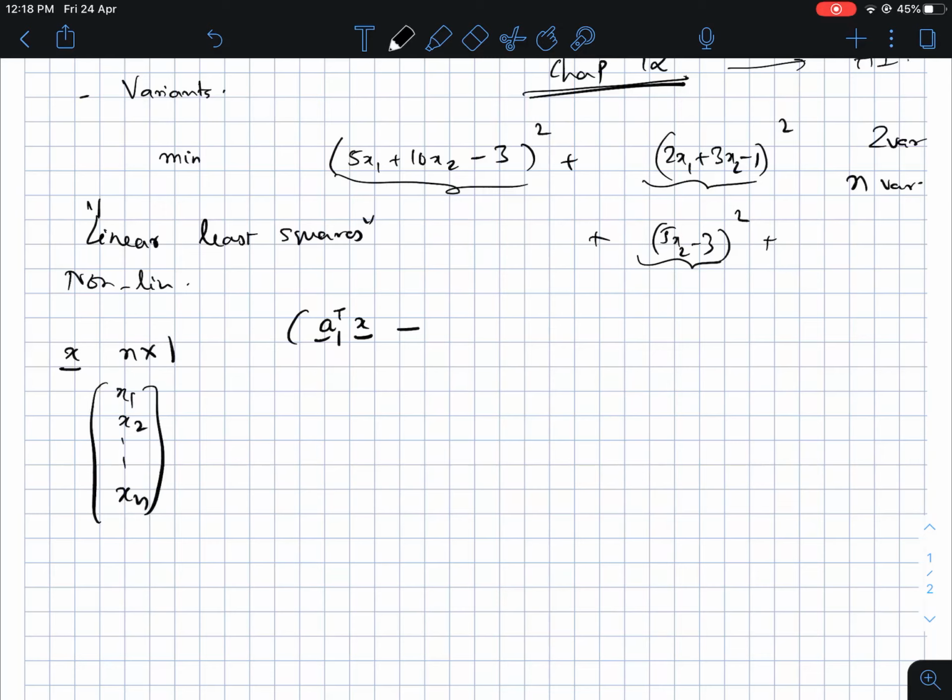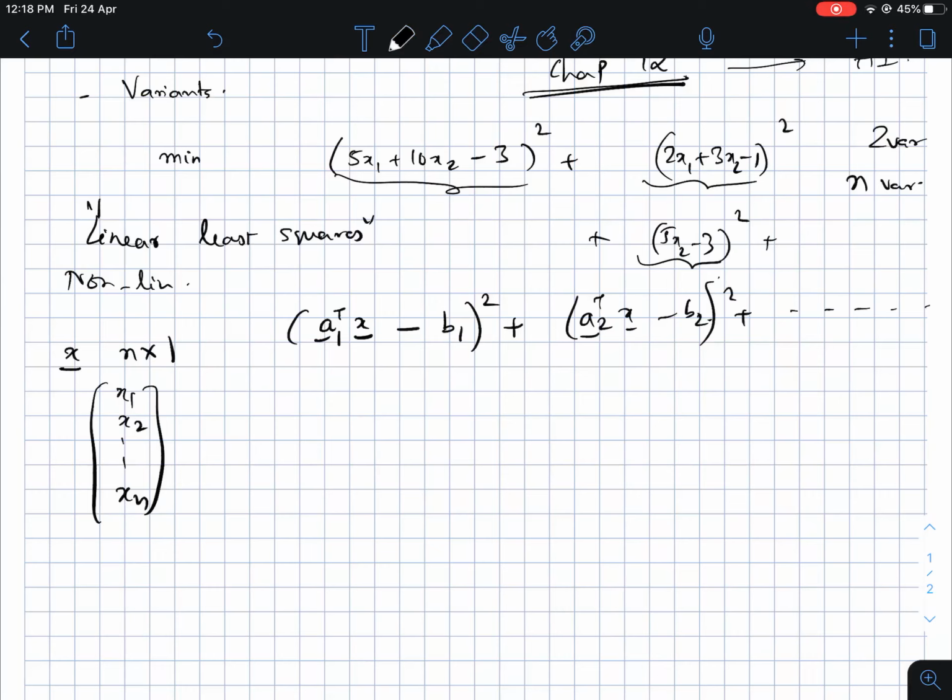So let's vectorize this: the whole thing we write as a vector x, and the coefficients we collect in the vector a1. So a1 transpose x is an inner product. Then a1 transpose x minus b1, whole square, plus a2 transpose x minus b2, where b2 is just a scalar here, whole square, plus and so on. That's what we're going to get.